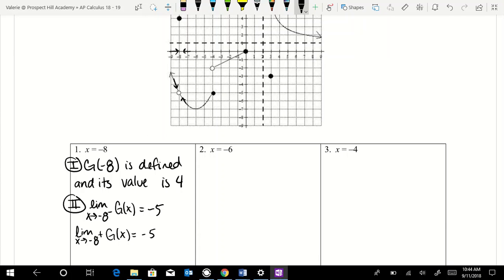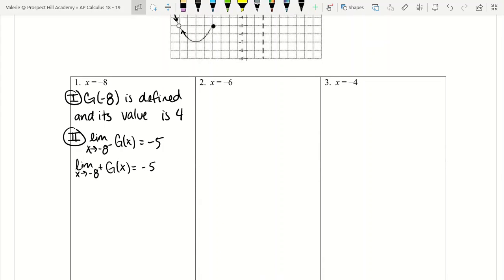So we can state that the limit as x approaches -8 of g of x exists, because the limit as x approaches -8 from the left of g of x equals the limit as x approaches -8 from the right.